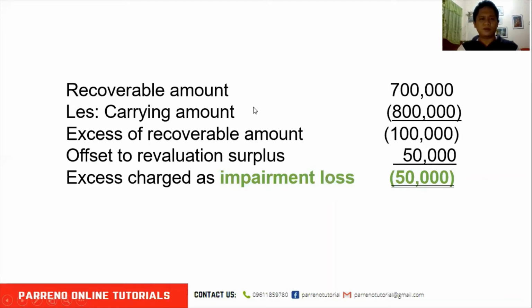So recoverable amount less carrying amount. The total reduction in the carrying amount should be 100,000. But you have to offset first the revaluation surplus, which is 50,000. So the net amount to be charged to impairment loss is only 50,000.